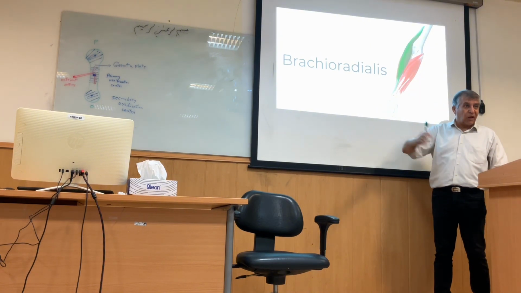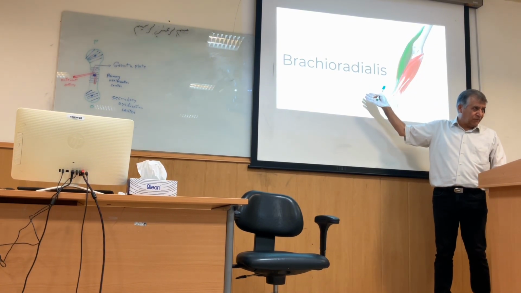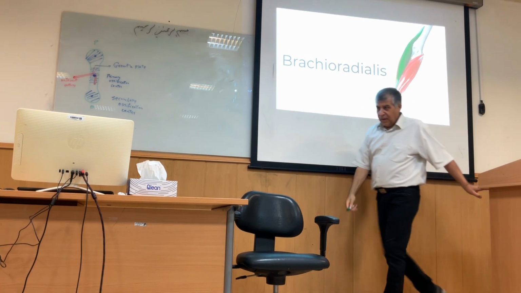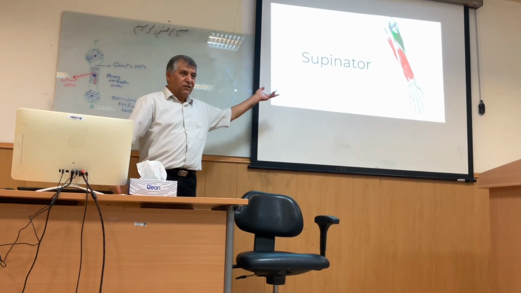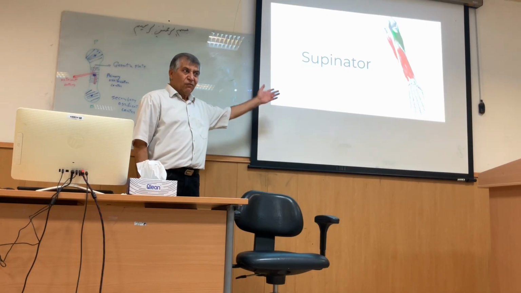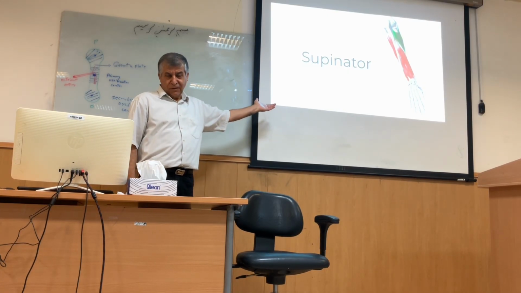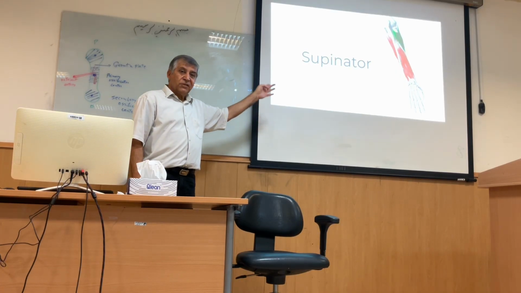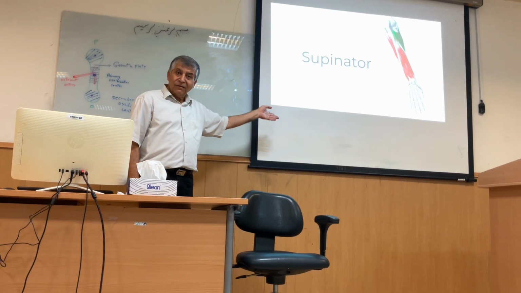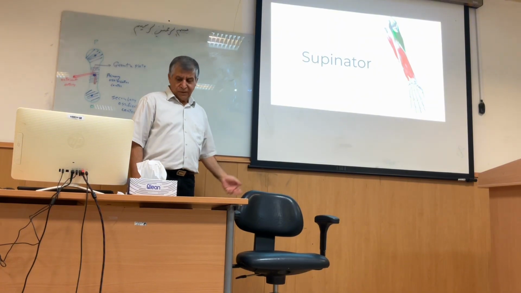I must memorize function and innervation. Okay? About this muscle, I can ask you the function, because the name of this muscle shows me the function. For this reason, I ask you origin, insertion, and innervation. Okay?